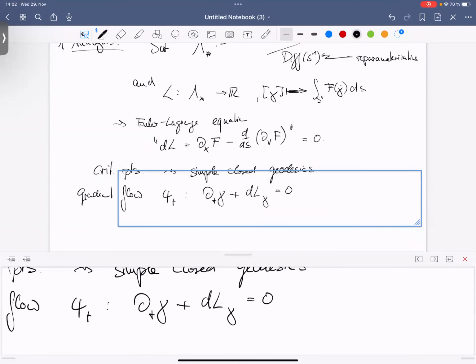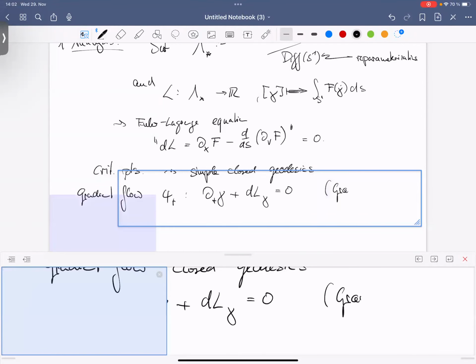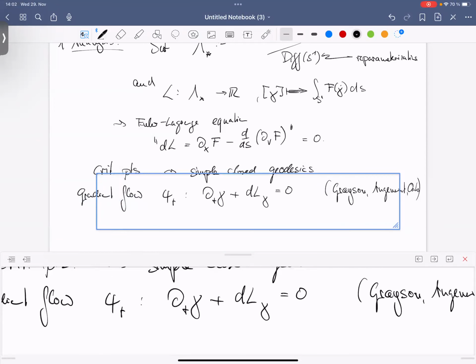So that goes back to Grayson, then Angenent, and Oaks. They studied this as a curvature flow.